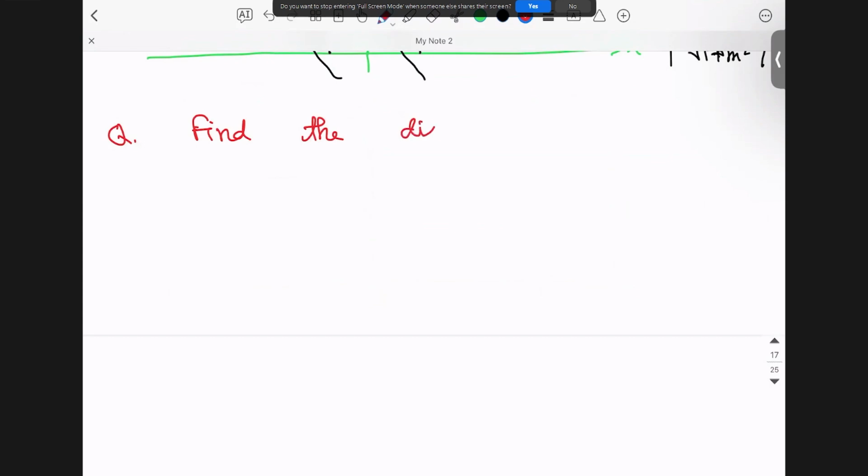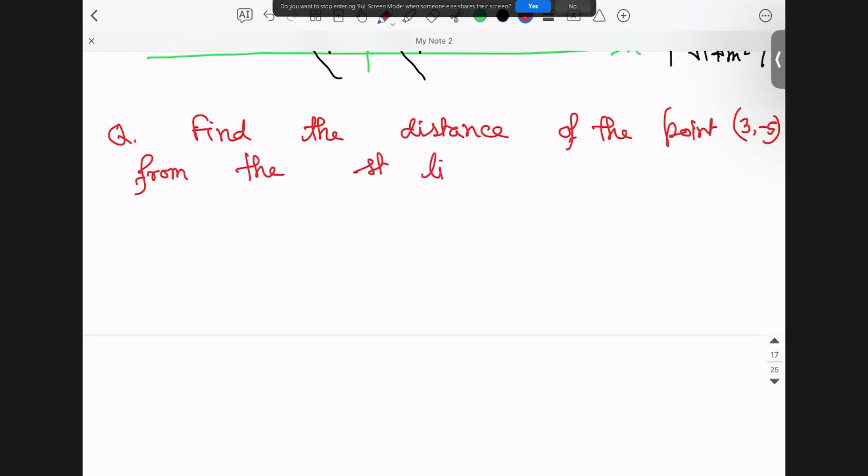Find the distance of the point 3, minus 5 from the straight line 3x minus 4y minus 26 equals to 0.